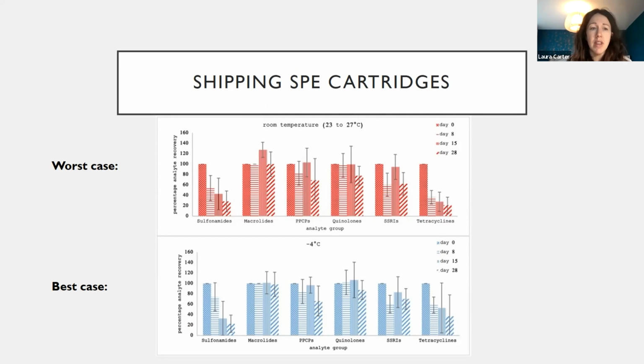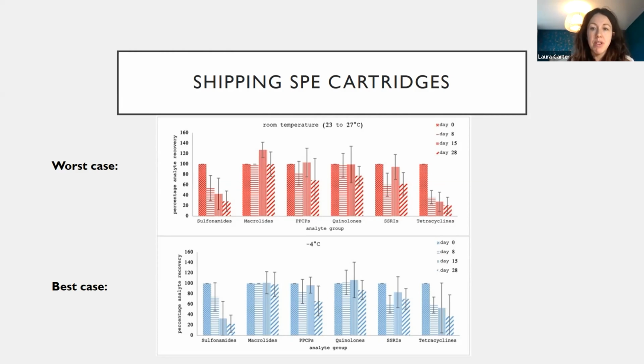These were defined as worst case and best case scenarios. The best case would be to ship on dry ice, and the worst case would be to ship at room temperature. The antimicrobials that they evaluated included sulfonamides, macrolides, quinolones, and tetracyclines.